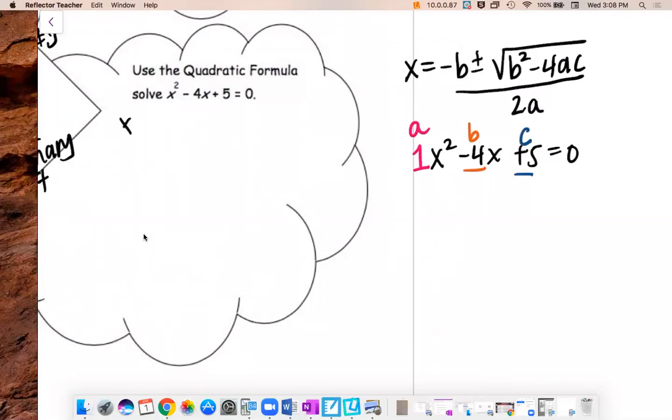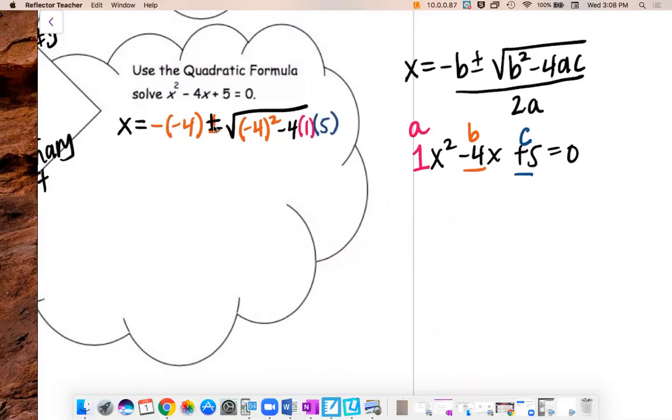So x equals -b, so -(-4). Then I take this b value and plug it in there, plus or minus the square root of b squared, so you have to put this in parentheses, (-4) squared, minus 4 times a, which is 1, times c, which in this case is 5.